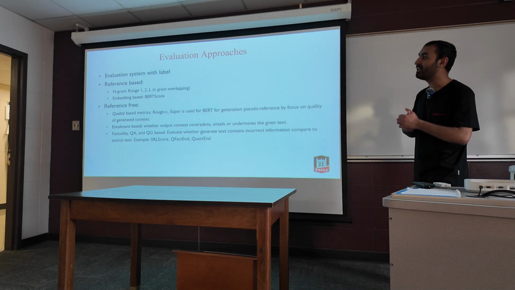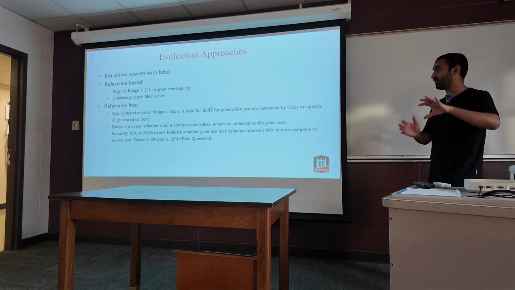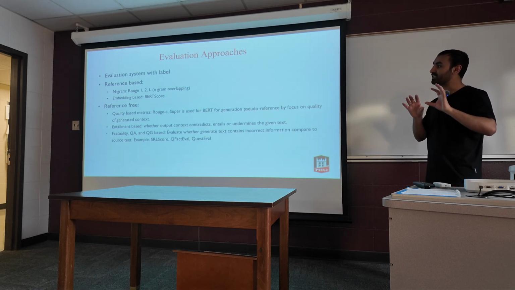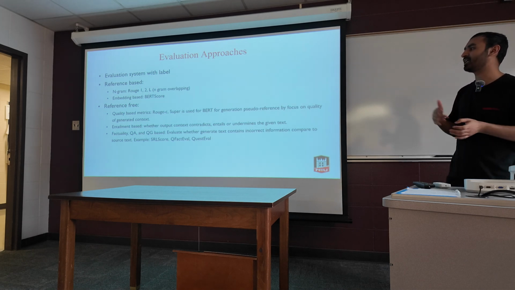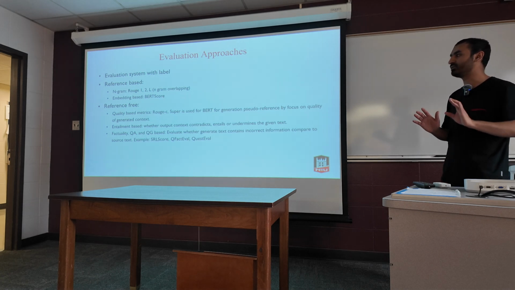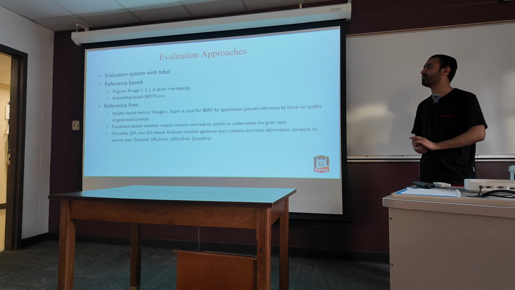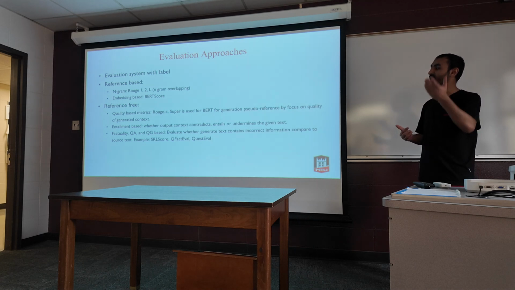Another is called entailment-based. It checks whether the output context, the generated context, contradicts, entails, or undermines the given text. Suppose I'm sending some data to the LLM, and then the LLM generates some data. Now we can measure whether the generated context contradicts the given text or not.